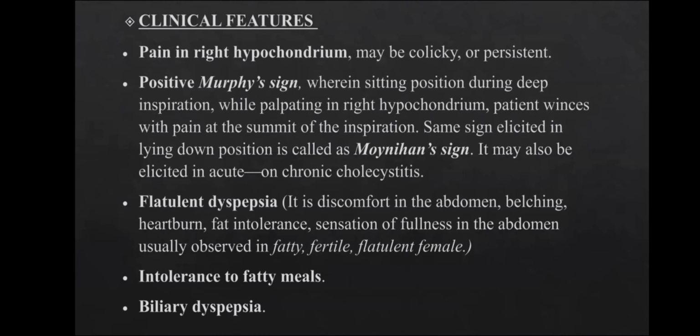The patient winces because of pain during inspiration, when the inflamed gallbladder comes in touch with the palpating fingers. When that pain is experienced, the test is called positive. That is the Murphy sign. So in cholecystitis, the Murphy sign will be positive.